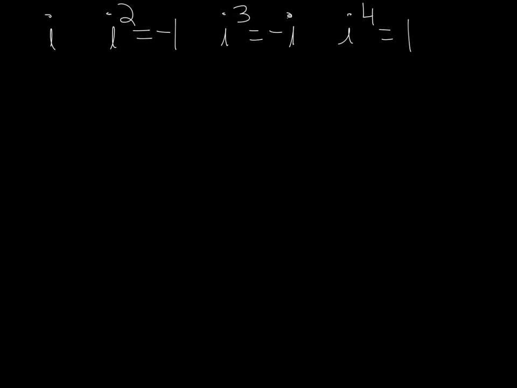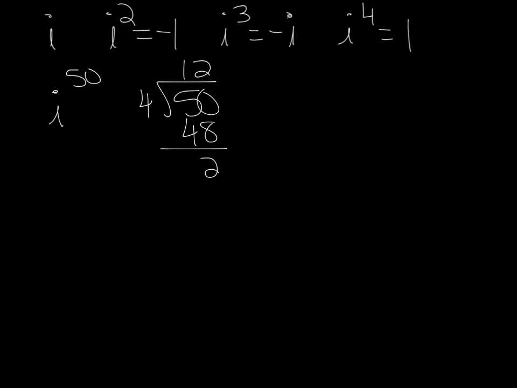Okay, let's practice finding a couple more powers of i. Let's say I have i to the 50th. You take the 50, you divide by 4. That goes 12 times, remainder 2.